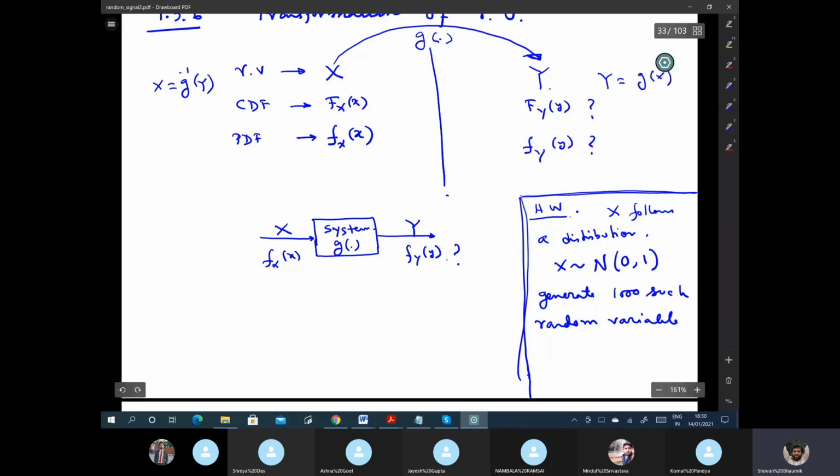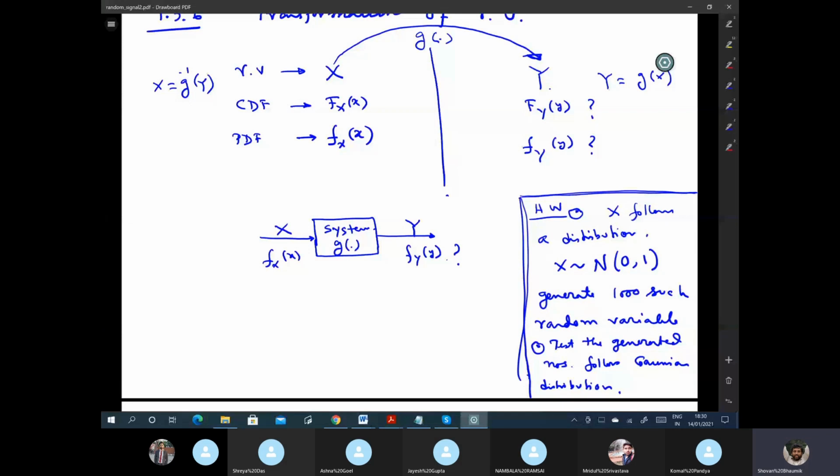Next homework will be to test whether the generated numbers follow a Gaussian distribution. Suppose I give you 100 numbers and ask you to check them and tell me whether they follow the Gaussian distribution.